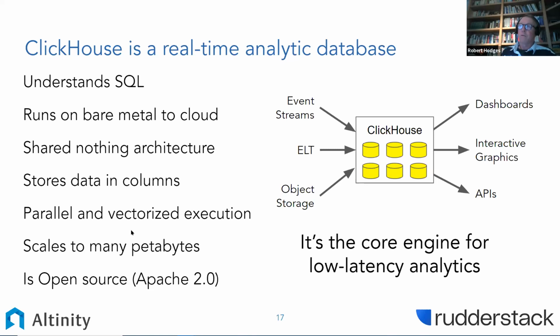We have customers that run hundreds of nodes and database sizes running into tens of petabytes. So as a result of these capabilities, it's become a very popular low latency query engine for SaaS analytics and many other applications where people need cost-efficient query and very, very fast, stable response.